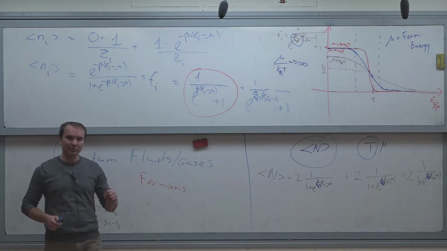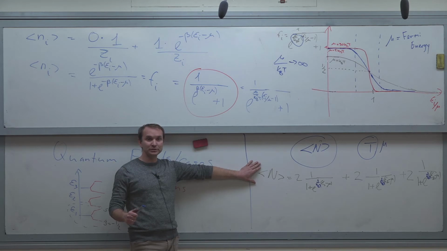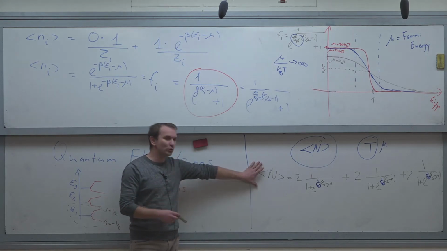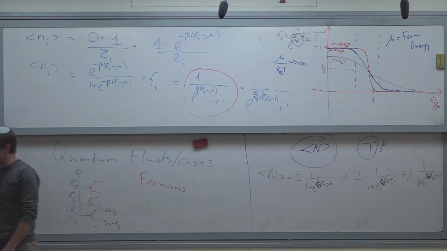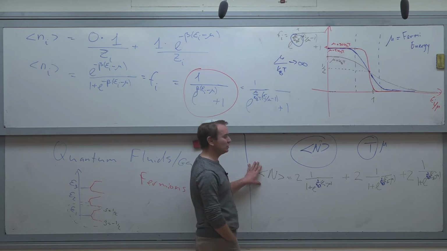So what is my claim? This always holds, no matter what mu is, no matter what the temperature is. This is my statistics. This equation I obtain for any T and any mu, and it should always hold.